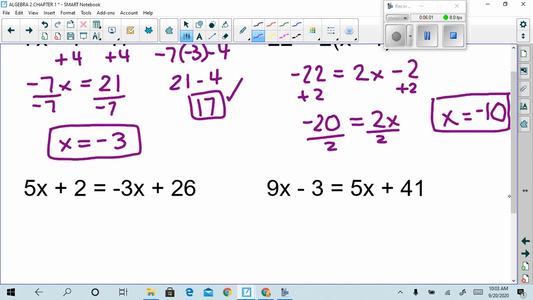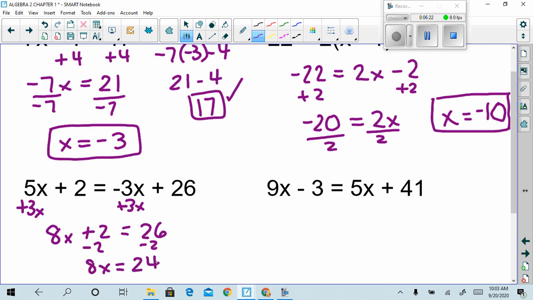Third problem, variables on both sides. Step 1 says I've got to collect those variables to one side. I am going to add 3x. This now gives me 8x plus 2 is equal to 26. I'm going to subtract 2. I'm going to get 8x is equal to 24.